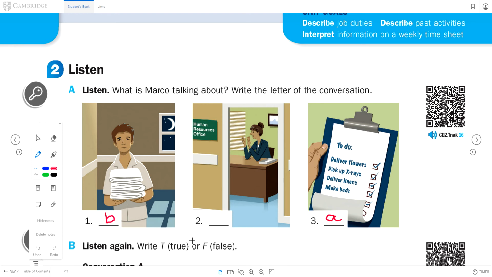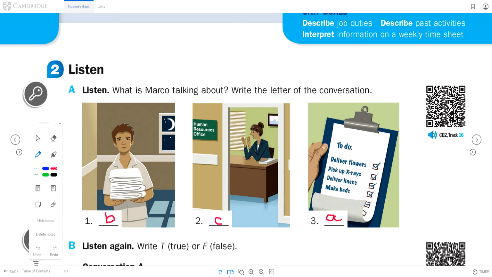Very good. And then conversation C is picture number 2. Very good. So B, C, A. Okay? Good? Easy or difficult? Kind of easy, right? It was a simple conversation and not a big deal.